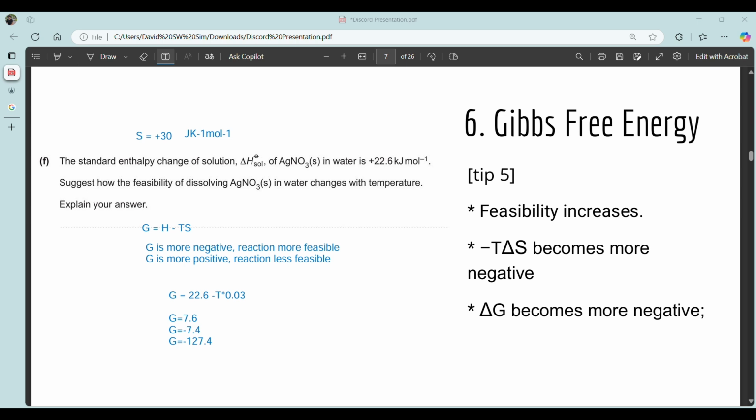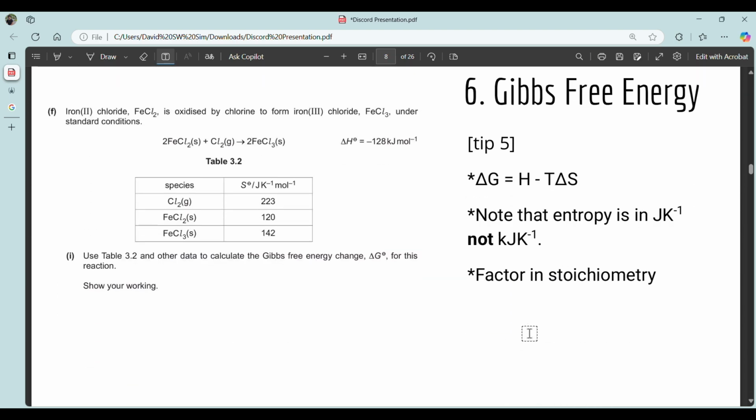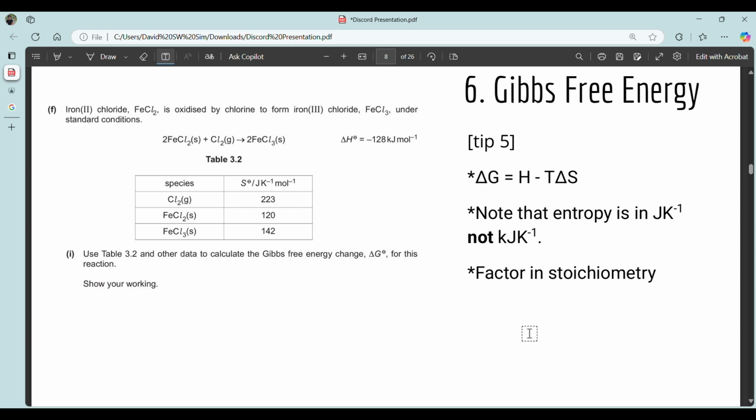Can we not calculate G in joules instead of kilojoules? You can. One thing to note: if the question specifies that it must be in kilojoules, you have to give it in kilojoules.